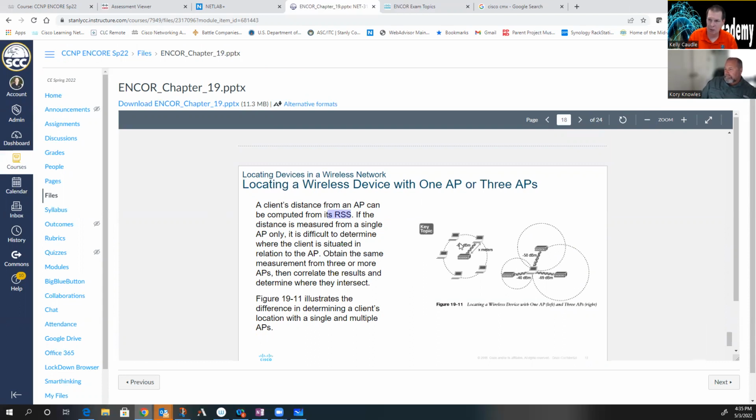It's something like 20 meters is the best you can do with a single AP. With 3 APs, I think you can get within like 5 meters of location. You can actually get within, I think, 1 meter if you turn on hyperlocation services in the AP, which turns on hyperlocation plus Bluetooth, and it uses both Bluetooth and hyperlocation services to find out where the wireless client is.